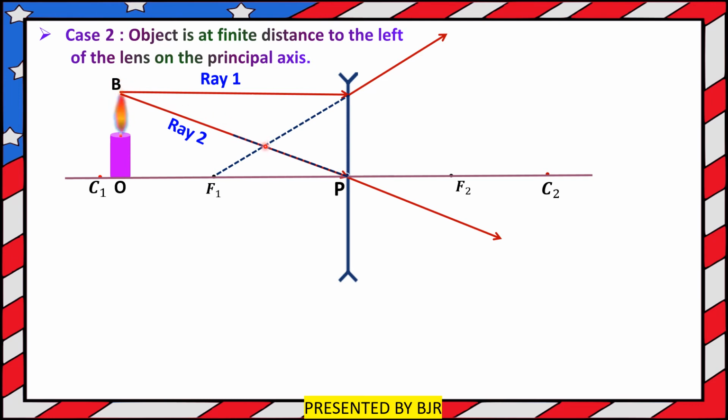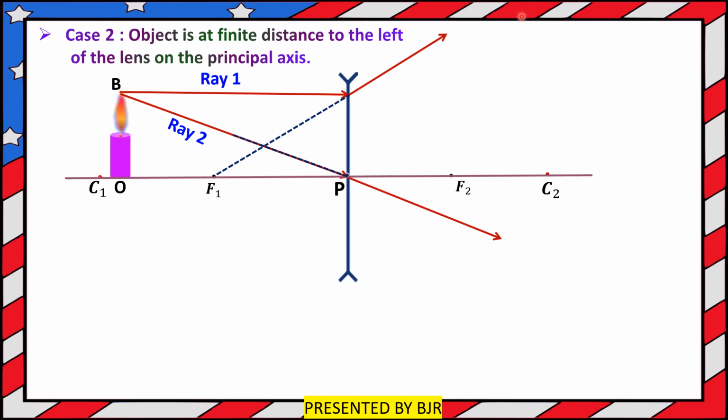So draw a perpendicular here. On this perpendicular line only the image of the candle will be formed. And here you cannot see this image. Okay, this image appears only to an observer.